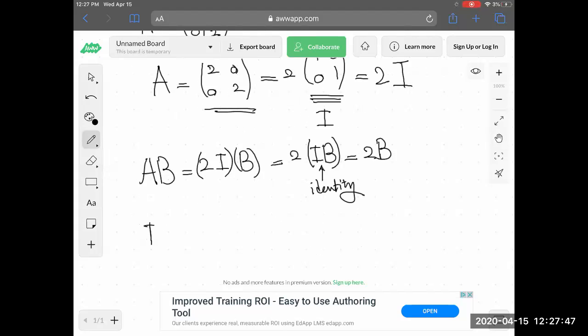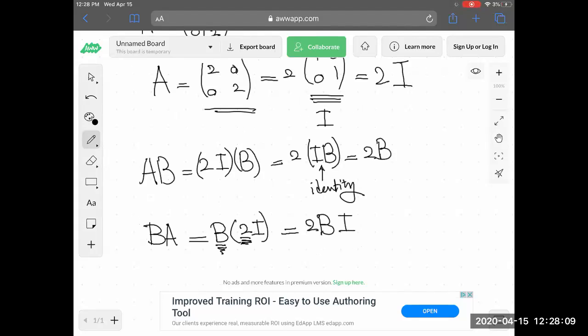What about the other one, BA? BA is B times 2I. The point is that when we have a real number and a matrix, they do commute. So B times 2 is the same as 2 times B.